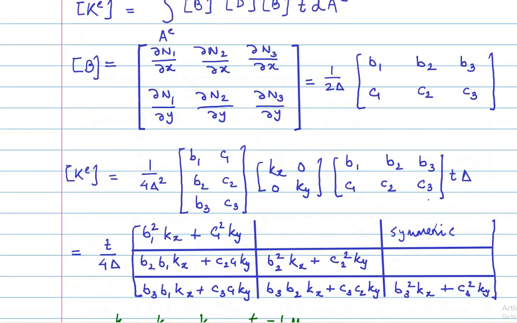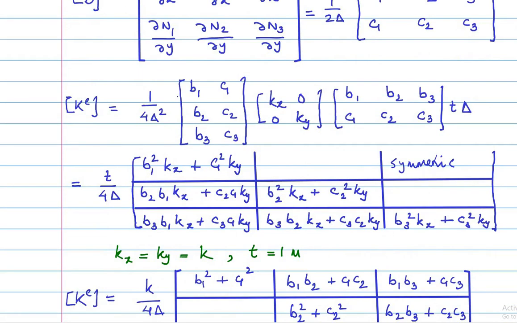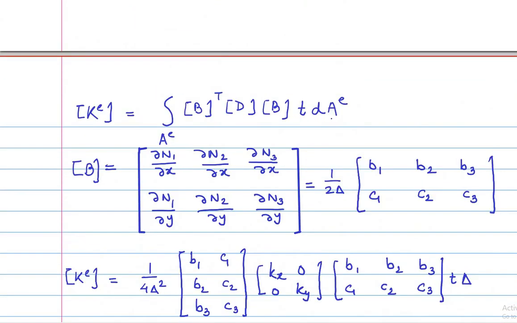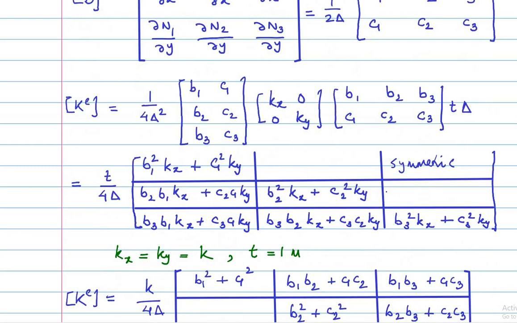So this is the B matrix. We take the thickness to be 1 meter, that is unity. So this is the stiffness matrix. As it is not dependent on dAe, you can take it out of the integral. Only dAe will get integrated to the area of the triangle.